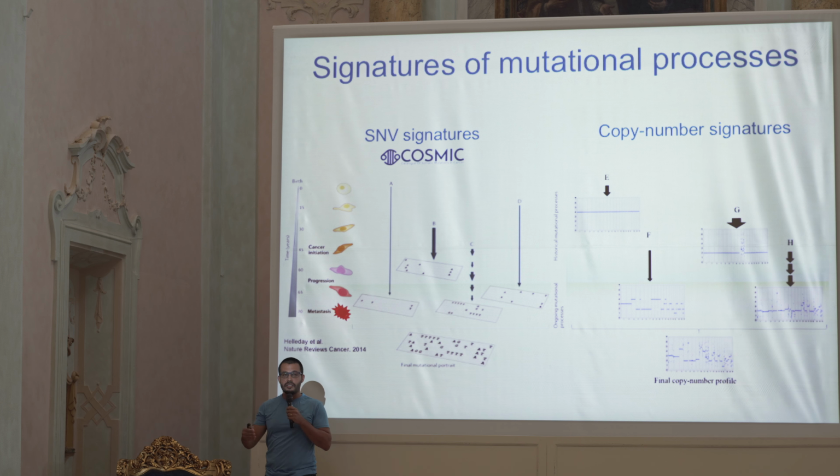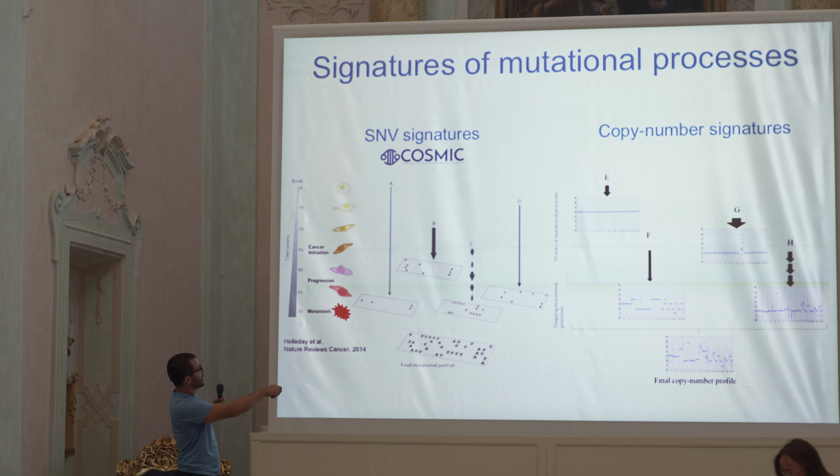So you see a certain set of mutations in the tumor. Now, how did it get there? Well, it got there because during tumor development, there were different mutational processes like maybe aging or smoking or UV light happening at different times. And each of these processes was contributing a certain set of mutations. That's the so-called signatures.